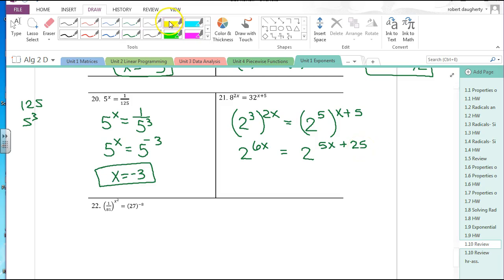Now I've got the same number on both sides raised to a power. I can set those exponents equal to each other. So 6x equals 5x plus 25. If I subtract 5x from both sides, I get that x is equal to 25.